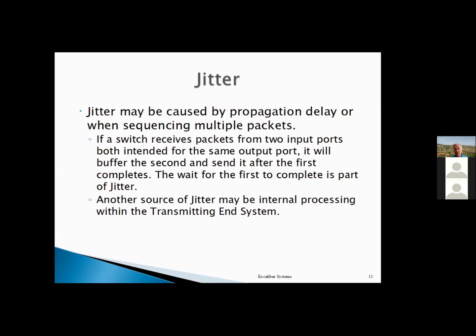Well, it might have gotten there a tiny bit before, so it goes first, which means that I now have to wait for that packet to go out before I can send this one. So these are all things that cause delays between the transmission from one end system until the reception at a different end system. And we have to be aware of this.